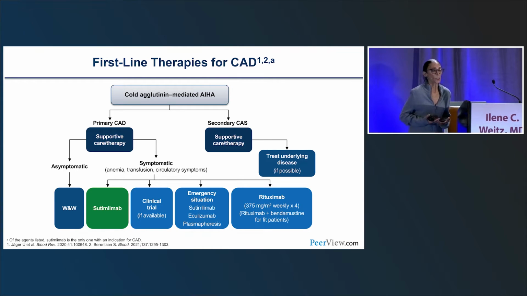Part of the decision for treatment depends on which of those is the more active component. So we have rituximab, sutimlimab, eculizumab, and plasmapheresis as options.